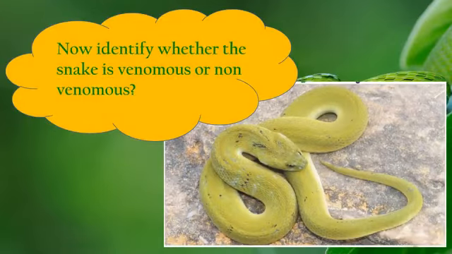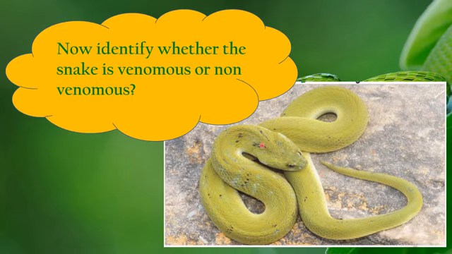Coming towards the end of this module, we have seen different kinds of snakes, venomous and non-venomous. Now identify whether the snake shown in the picture is venomous or non-venomous. Yes, you are right. This is a non-venomous snake. Now let's see some of the features.